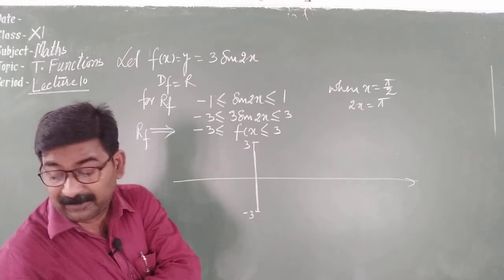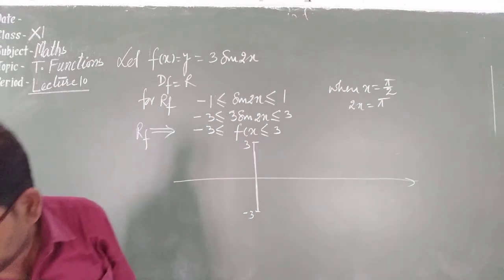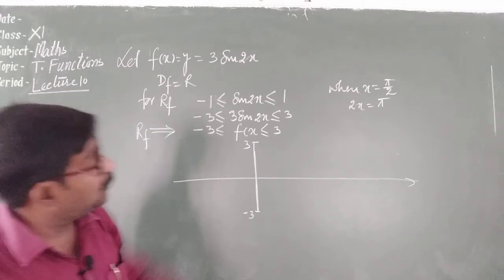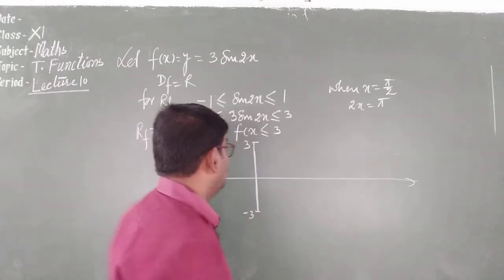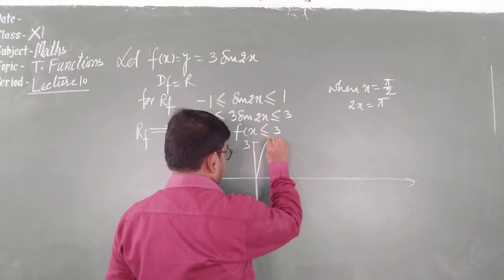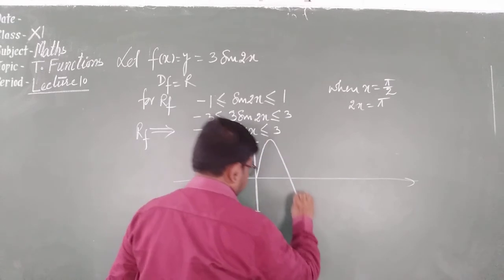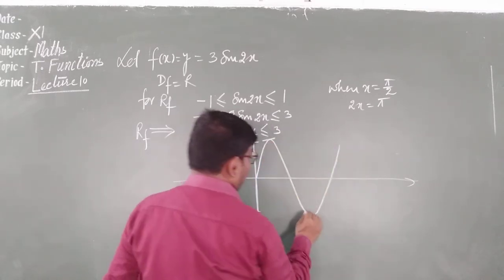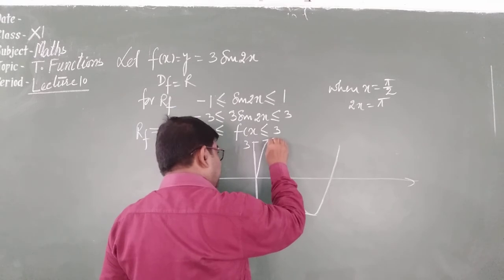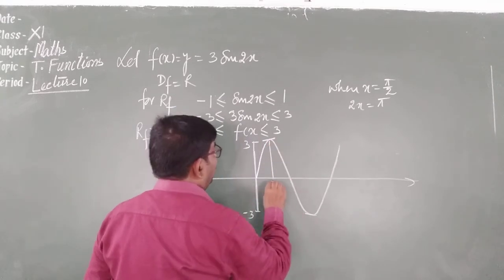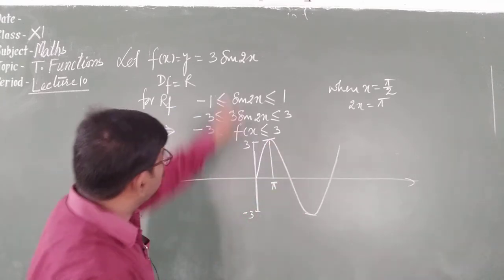So when will it be maximum? At π it will be maximum. So its graph will go like this. See, this is 3 and -3. This is -3, +3 is the maximum, and this happens at π because it is 2x.